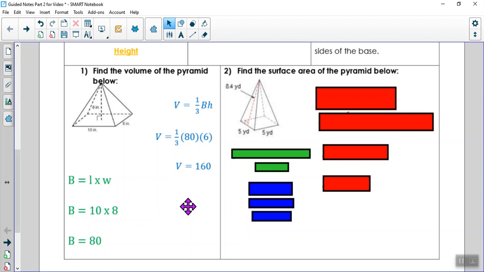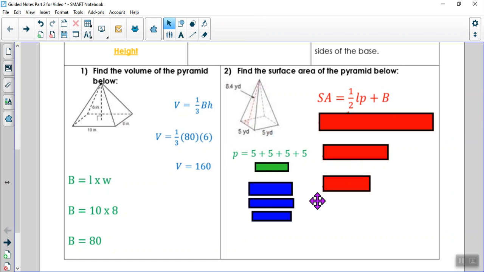Okay, our second example, we're going to find the surface area. So to remind ourselves our formula, we have 1/2 LP plus B. Okay, so the first part of this formula, we need perimeter and we're going to need the area of the base. So first, perimeter. Our perimeter around the bottom, remember perimeter, you add up all the sides, and so this is a square, so all the sides are 5.